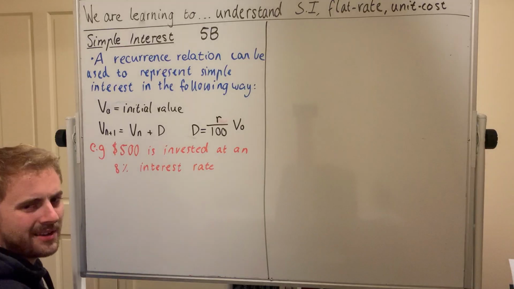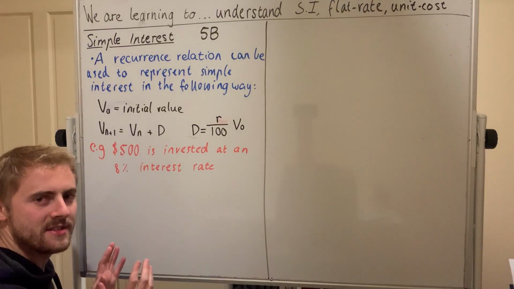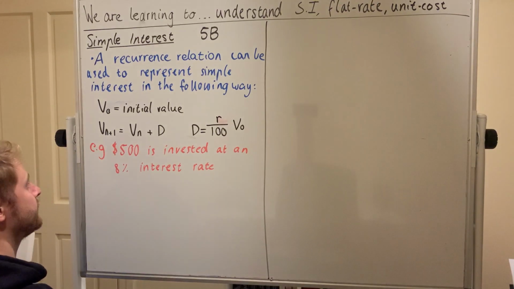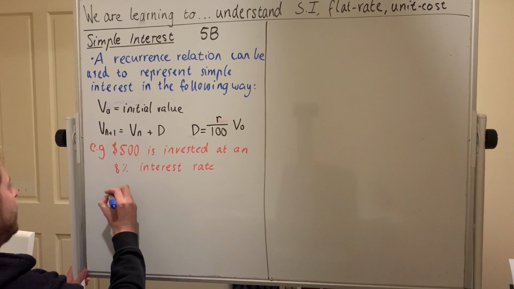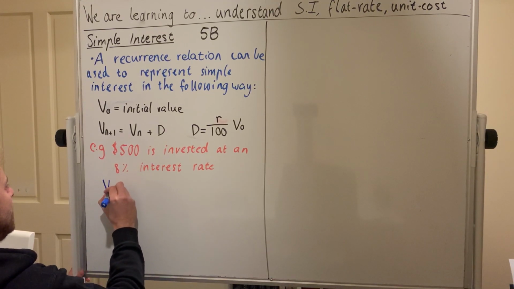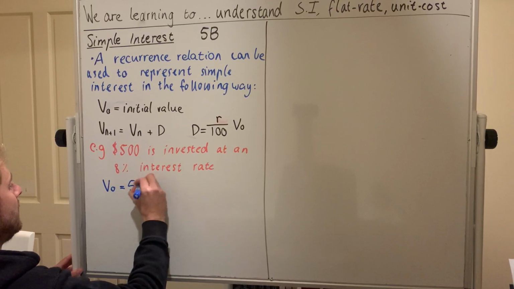It's not asking me to calculate the amount of the investment after 2 years or whatever. We're just going to set up a recurrence relation. Alright, the initial is pretty straightforward. That's our first value that we need to identify. In this case, it's 500.